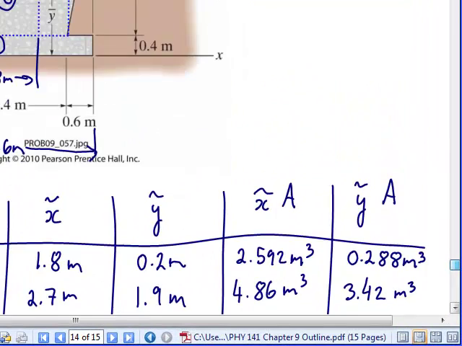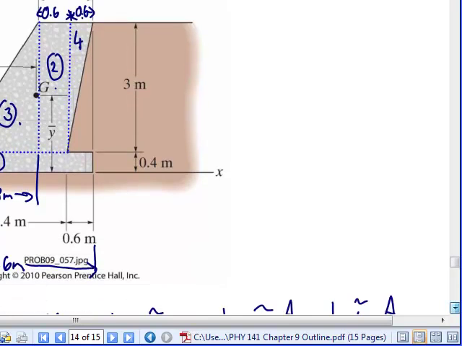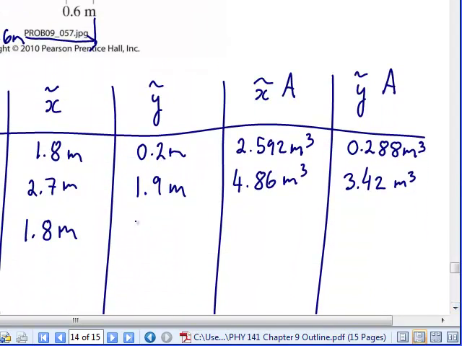And what about the y tilde? That's going to be 1/3 of 3 up from the flat side, plus the 0.4, 1.4. Not 4.4, 1.4.